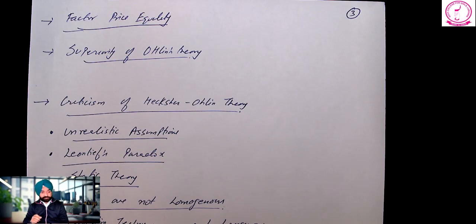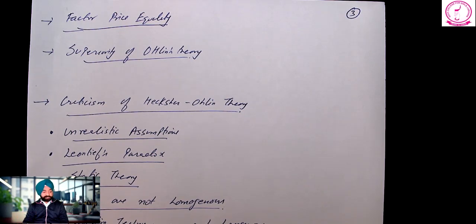So this theory represents why, because of these differences in factor endowments and factor intensities, these two countries are producing those goods which they are more capable of.